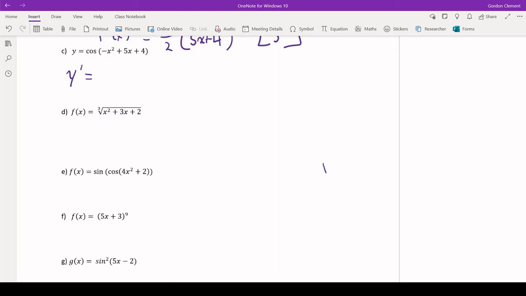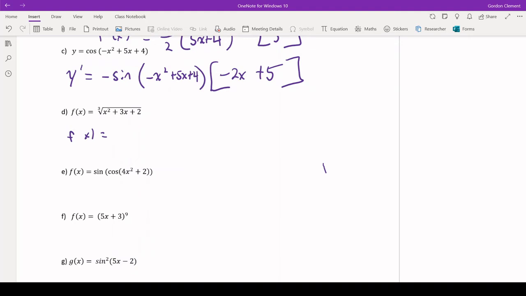So this one here, the derivative of the outside, the derivative of cos is negative sine. Leave the inside function plugged in, and then completely separately multiply by the derivative of the inside. There we go. Next one here. Again, don't lose communication marks, Mr. Clement.